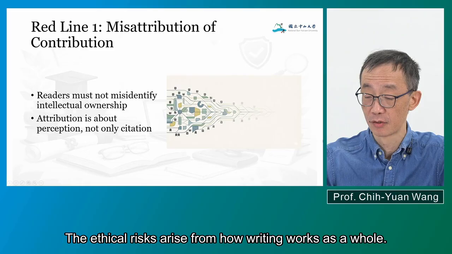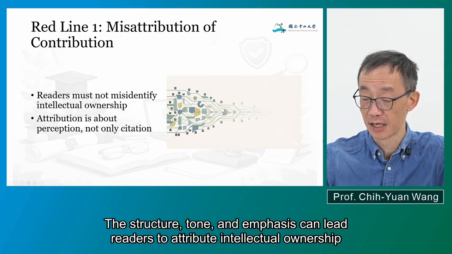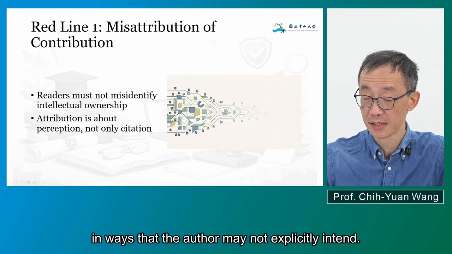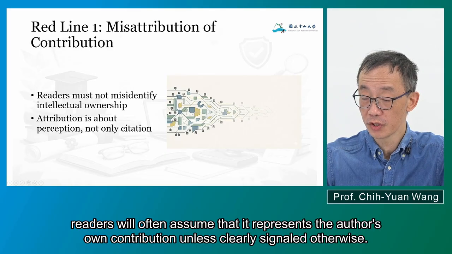The ethical risks arise from how writing works as a whole. Structures, tones, and emphasis can lead readers to attribute intellectual ownership in ways that authors may not explicitly intend. If a framework is presented as coherent, mature, and central to the analysis, readers will often assume that it represents the author's own contribution unless clearly signaled otherwise.